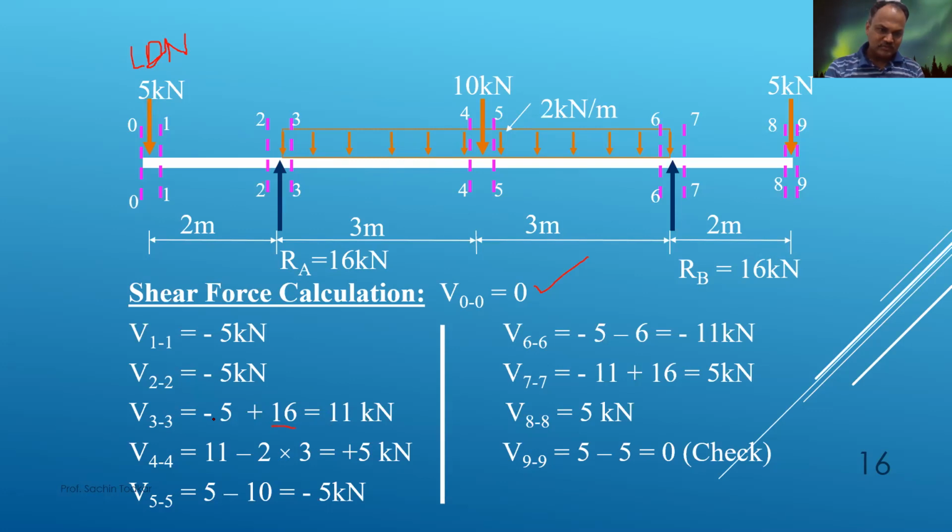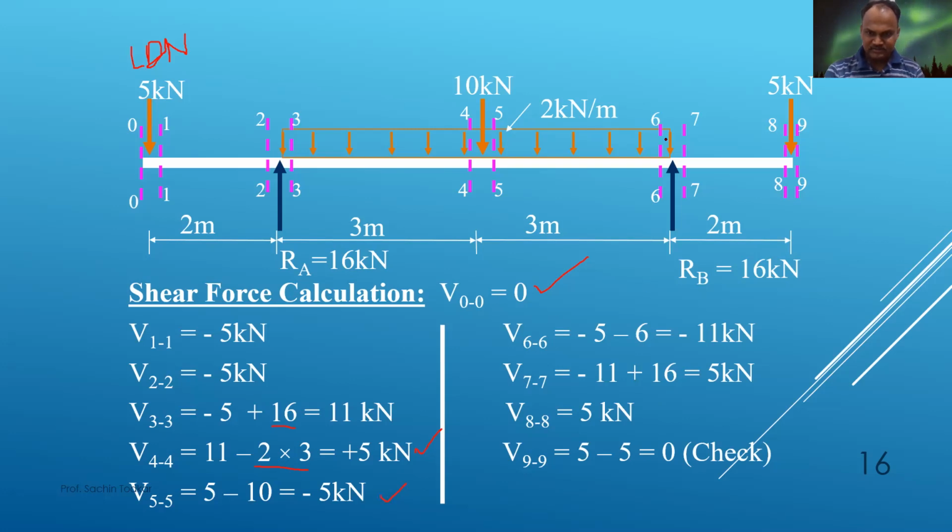So it is equal to minus 5 plus 16 minus 2 into 3, as the intensity of loading is 2 kilonewton per meter and the span is 3 meters. So 2 into 3 is 6, and it becomes 5 kilonewton. Now at section 5-5, this 10 kilonewton force is additional and it is left downward. So 5 minus 10, it is equal to minus 5 kilonewton.